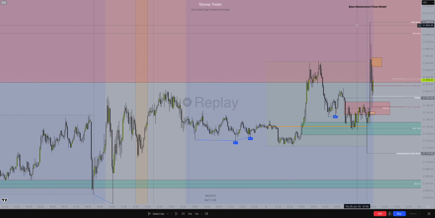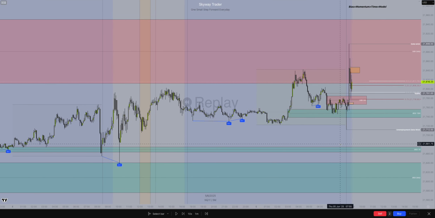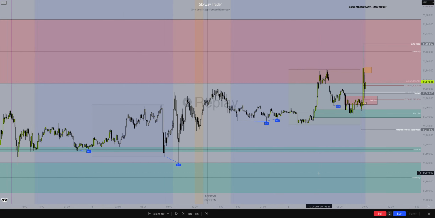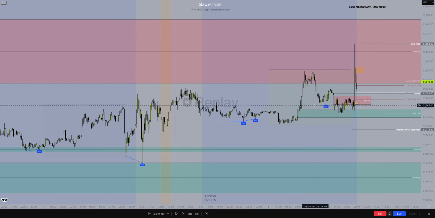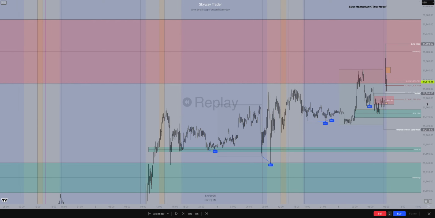Above us we have this daily SIBI, and below we have an hourly BISI and a daily BISI as well. If we look at the last few days, we passed through the daily BISI and created it right here, and then price is respecting this hourly BISI as well.